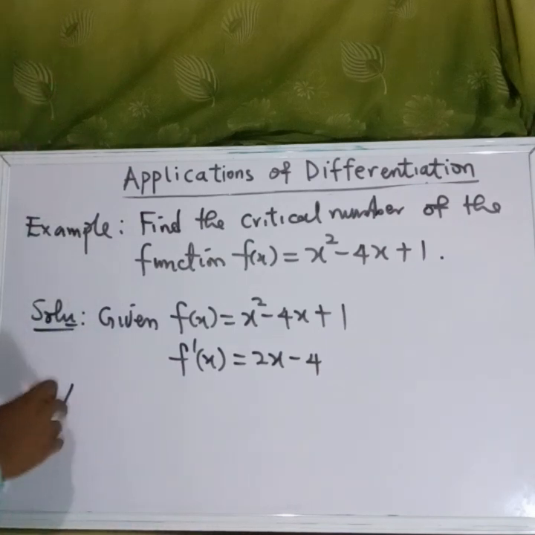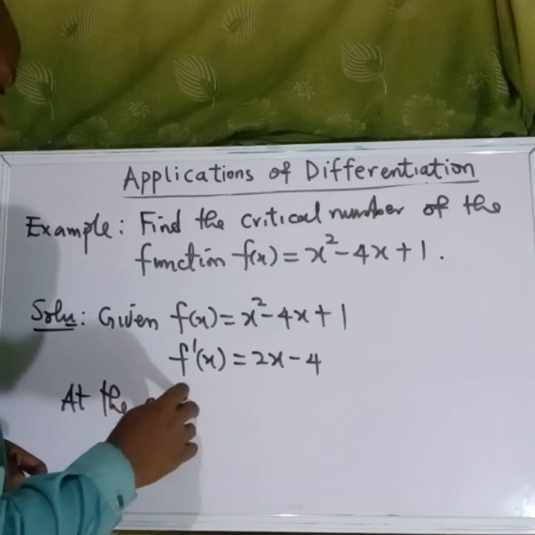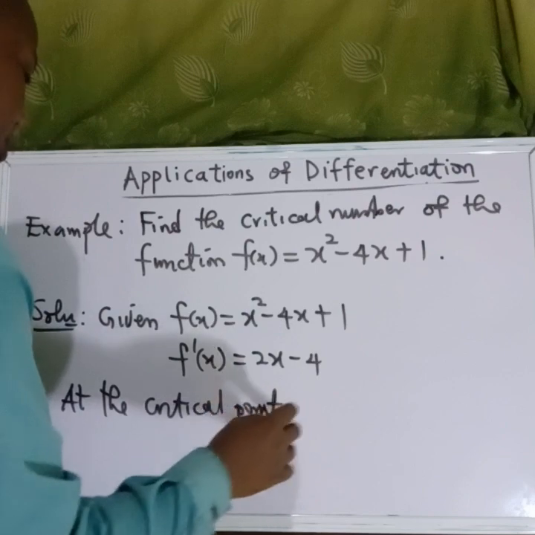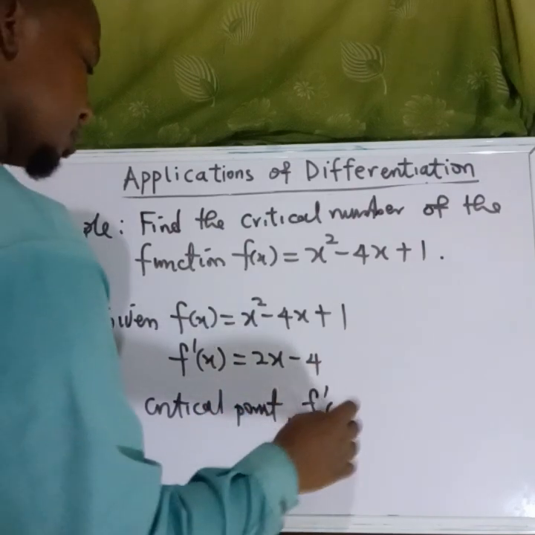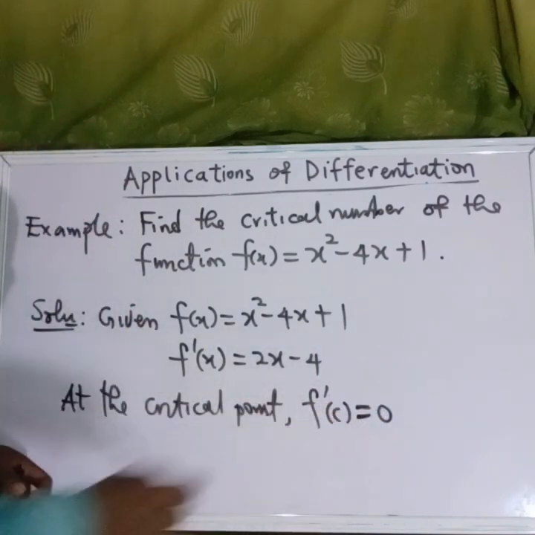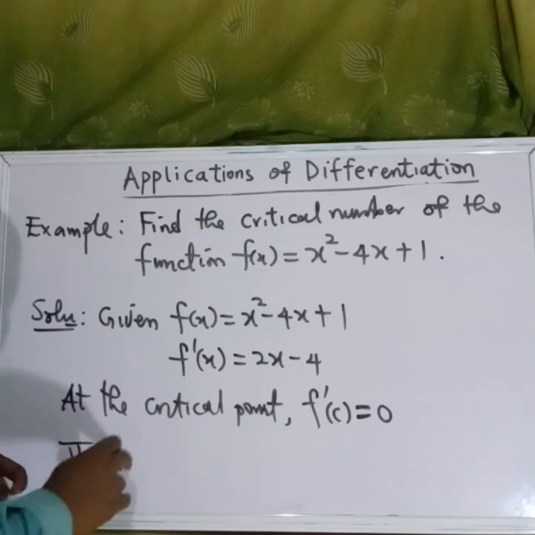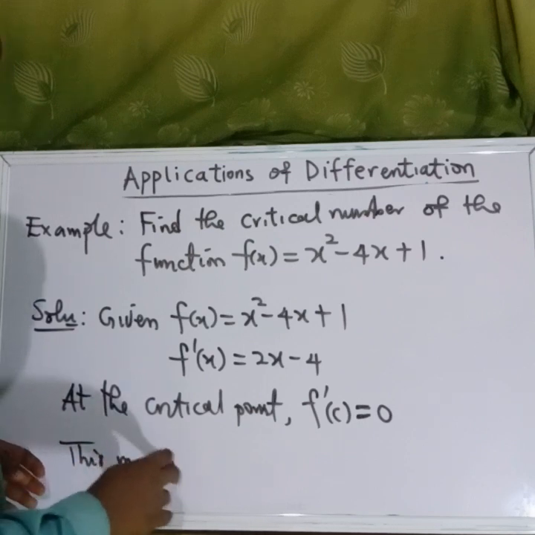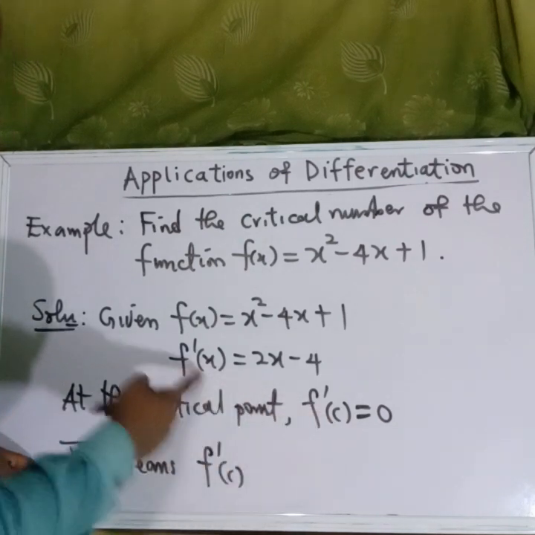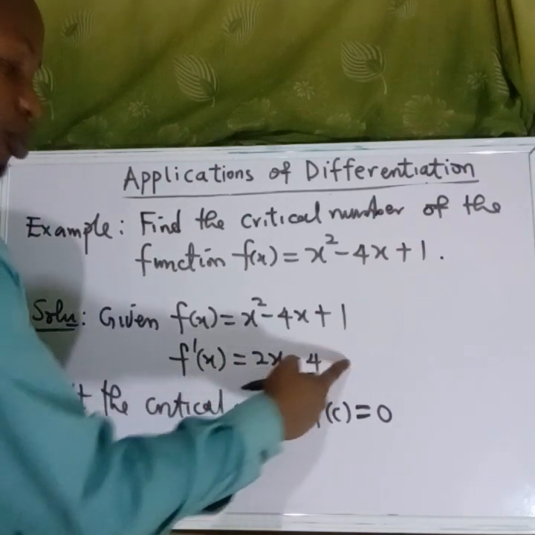So at the critical point, f prime of c must be 0. This simply means f prime of c, that is, the derivative at point c, 2x minus 4, must be 0.